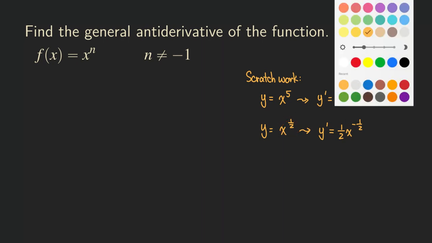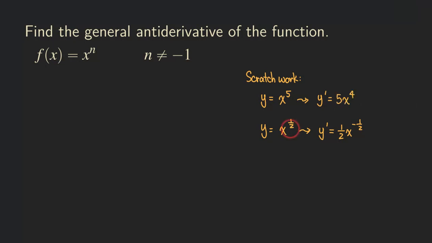One thing we need to keep in mind is that when we find the general antiderivative by reversing the power rule, we are going to add 1 to our exponent. You may ask, what about the coefficient in the front? We will worry about that later, but regarding the power, we are just going to add 1.